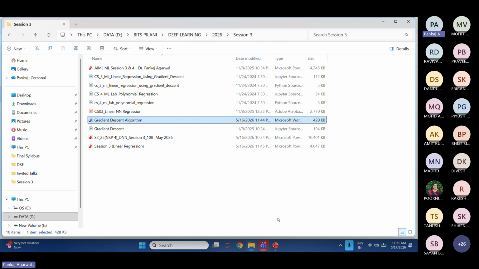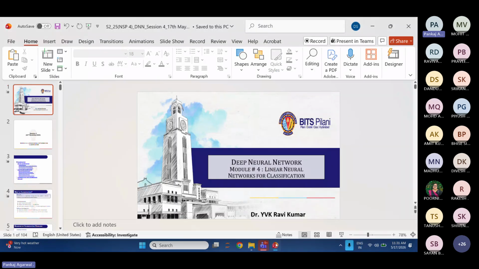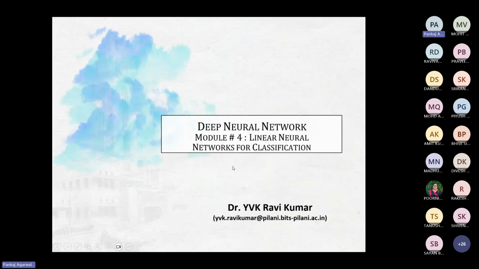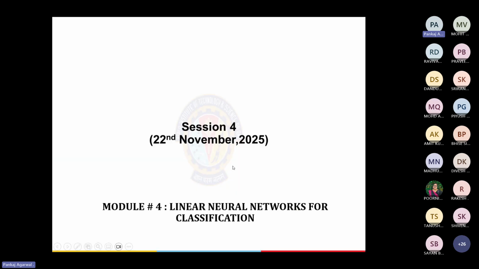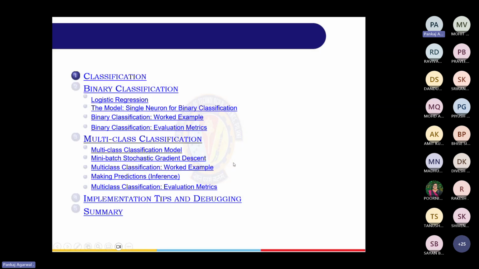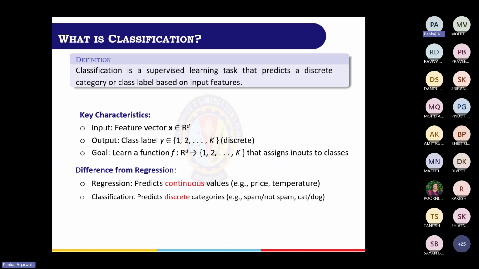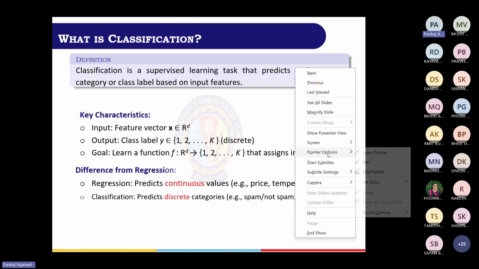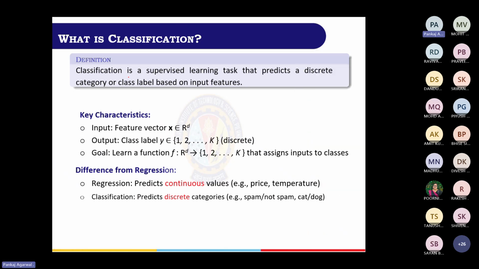So what we'll do is move on to the next presentation, session 4, which was supposed to start today. In this particular session, the idea was to throw light on classification.